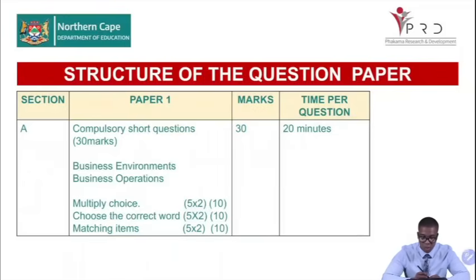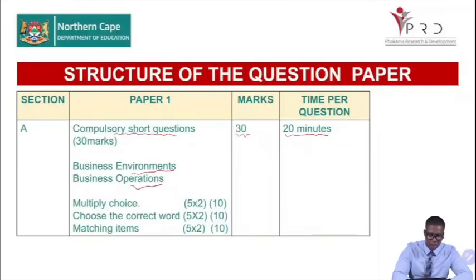Now, when we look into the structure of the paper, it has 3 sections, section A, B, and C. Let's start with section A. Section A consists of compulsory short questions, which are allocated 30 marks, and the time that should be spent answering the section should be 20 minutes. Section A will assess both main topics, which is the business environment and the business operations. And you have your multiple choice in your 1.1.